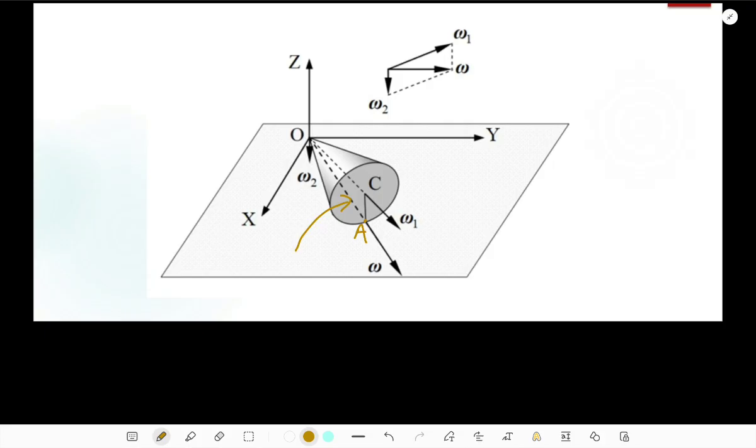Otherwise, from the lab, we can see a rolling body as translating and rotating, or we can visualize a rolling body in pure rotation.